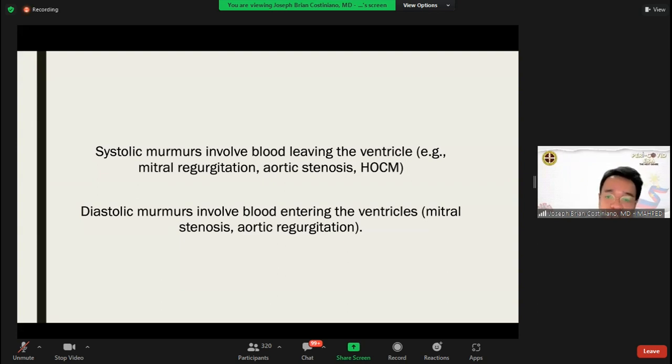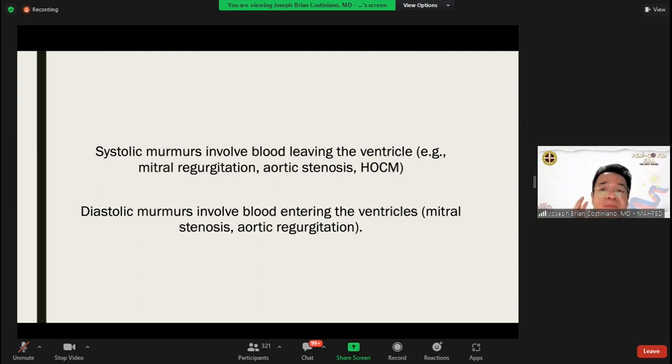Your mitral and your tricuspid guard your atria going into the ventricle. And then your semilunar valves guard between your ventricles going to the pulmonary vasculature or your systemic circulation, your aorta.